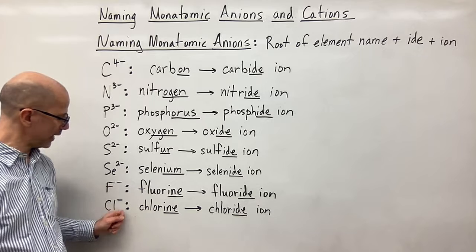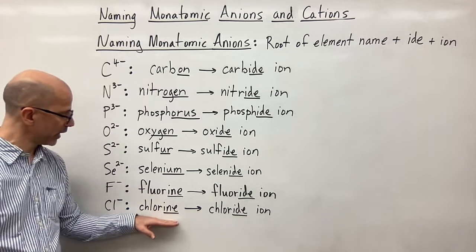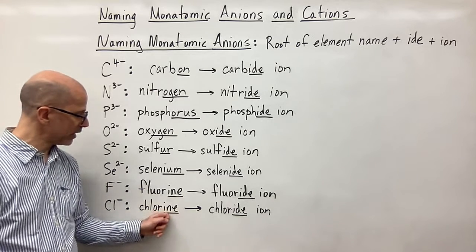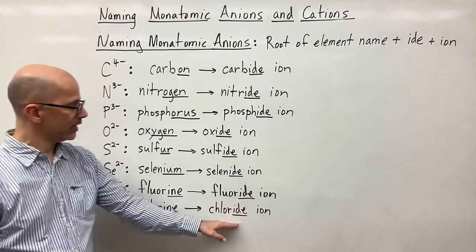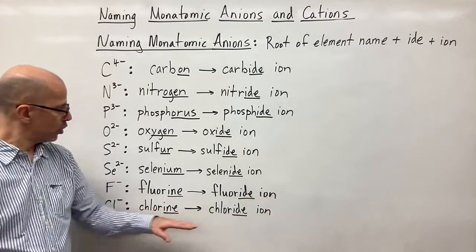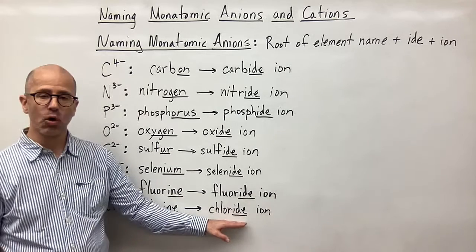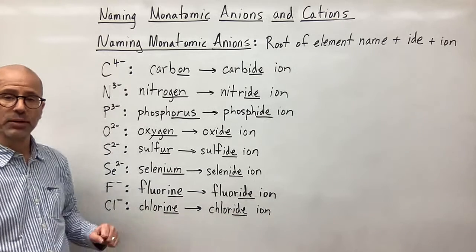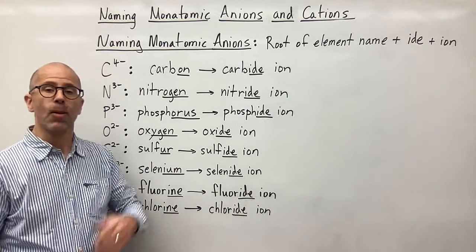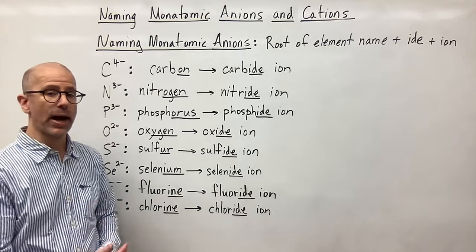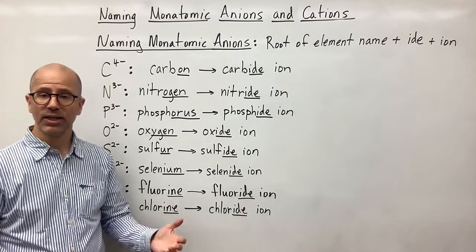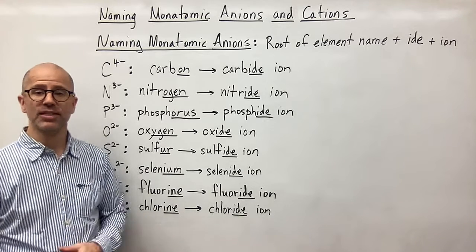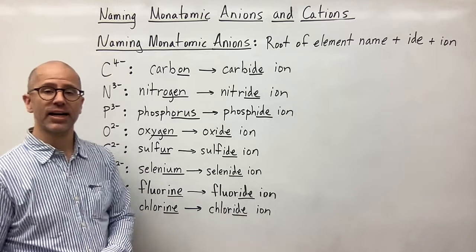So Cl minus, we're going to take chlorine, drop the INE ending, add IDE, and then the word ion. So chlorine becomes the chloride ion, fluorine becomes the fluoride ion, bromine becomes the bromide ion, iodine becomes the iodide ion, and so on.